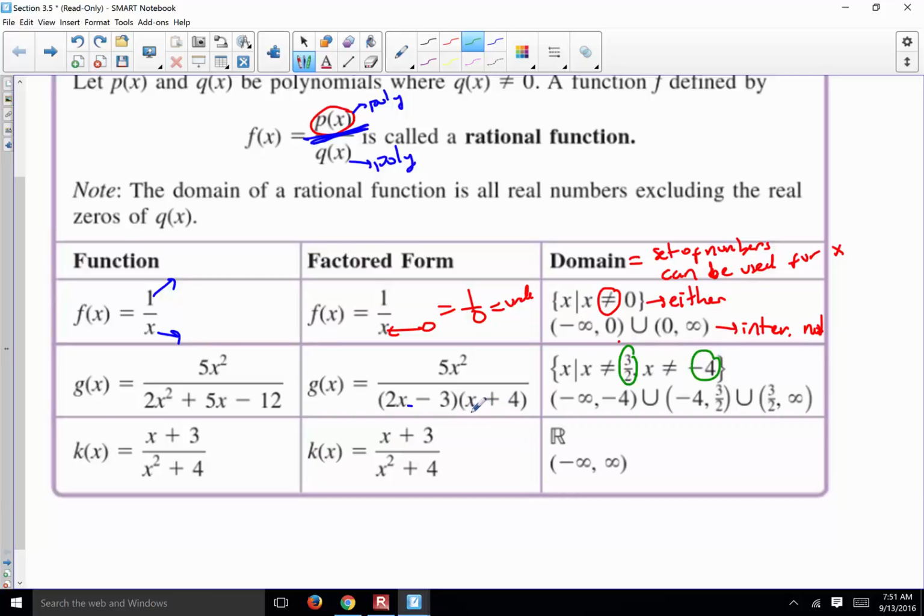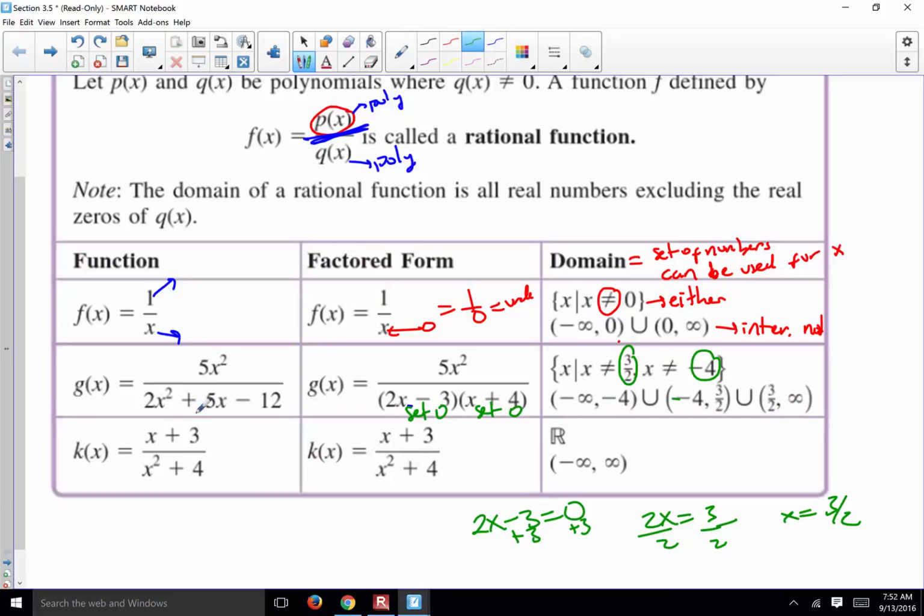They must both be avoided, because when I set 2x minus 3 to 0, add 3 to both sides and divide both sides by 2, we end up with 3 over 2. That's how they found this value. It's not just magically showed up. They set this guy to 0, and you find minus 4 and 3 over 2. We exclude both. And how did they end up with these pieces of lines?